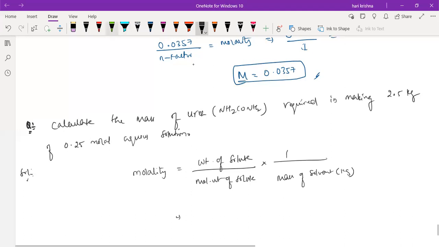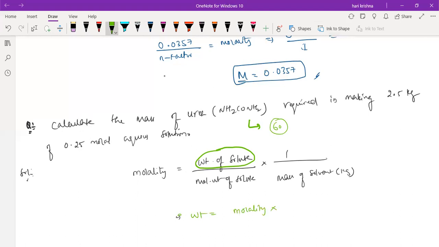You just have to find this weight of solute. From urea, you can calculate the molecular weight, NH2CONH2, which is approximately 60. So to get this weight, bring molality into molecular weight of solute into mass of solvent, all by 1. So 0.25 into 60 into 2.5, you'll get the answer.